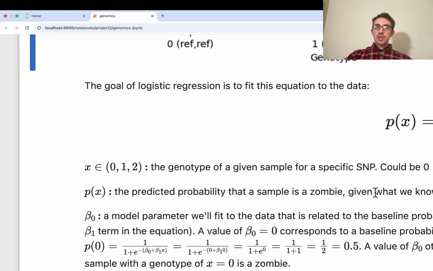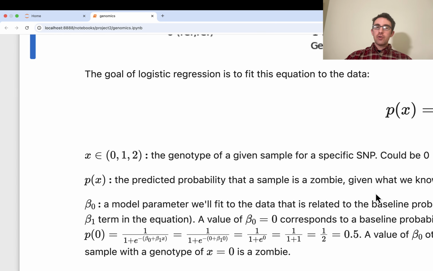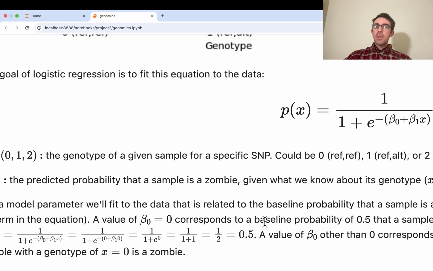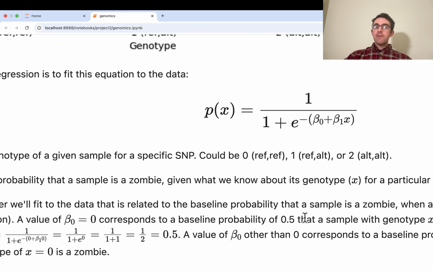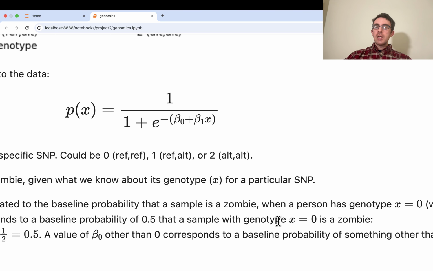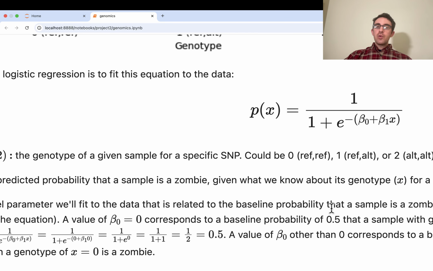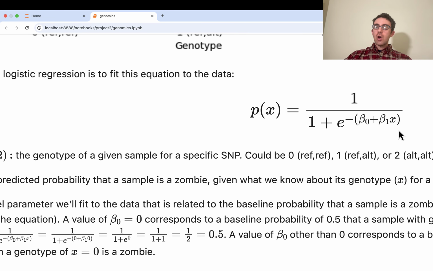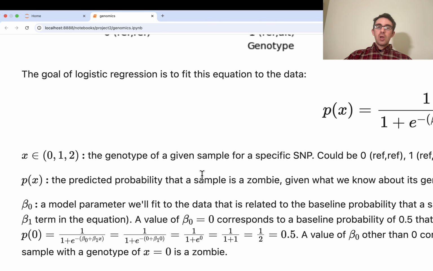And then to see a specific example, if you want to try it out on paper for yourself, we can see that a value of beta 0 equals 0 corresponds to a baseline probability of 0.5 that a sample with genotype X equals 0 is a zombie, or is a case. If we have someone with a genotype of X equals 0, so 2 copies of the reference, and a beta 0 value of 0, then we plug in 0 for X and 0 for beta 0.